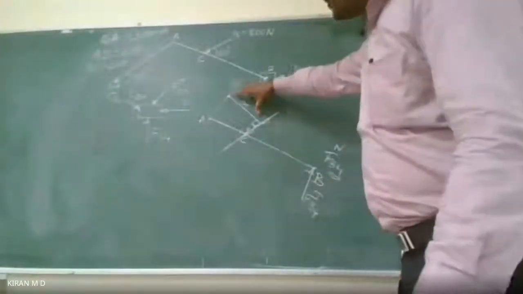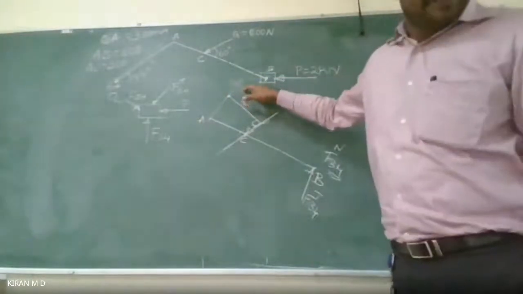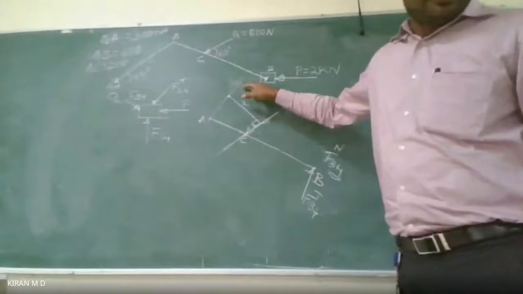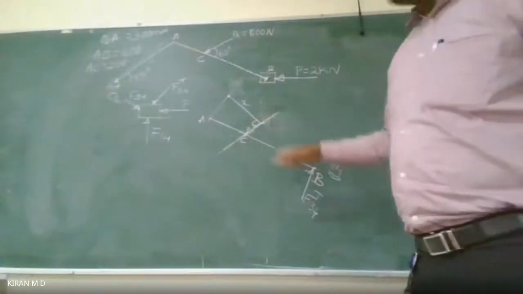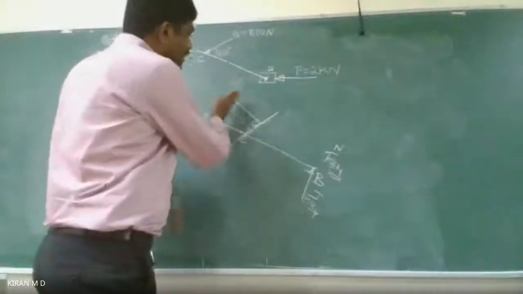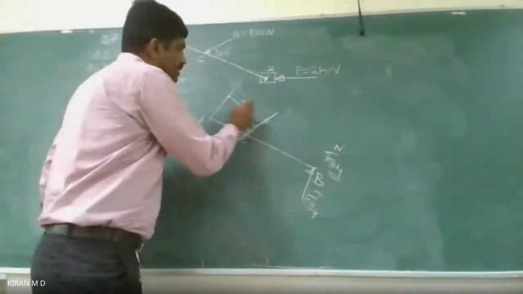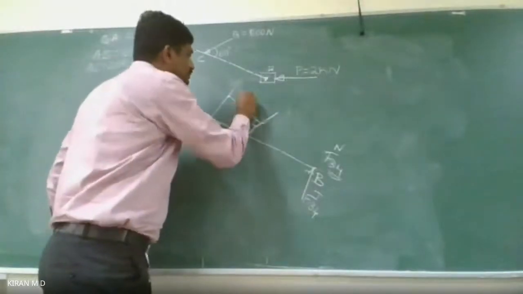Measure this distance. Now F43. Why did we draw the perpendicular? It is the only method to get the distance between C and A, between this line and this line, to get this X value.